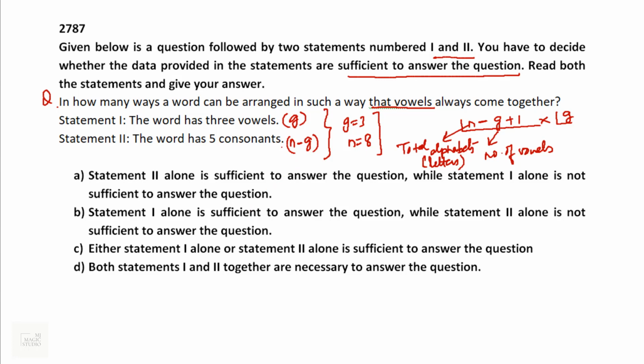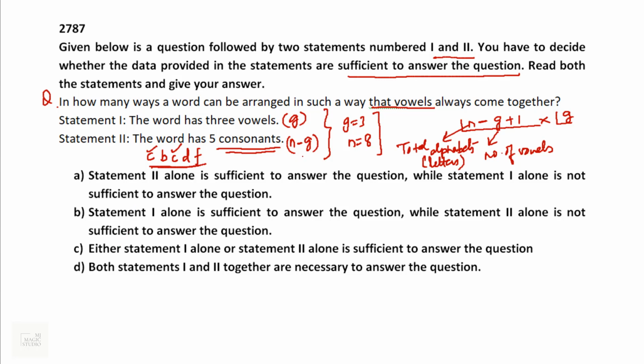But tell me one thing, what if these 5 consonants which the word has are repetitive? It may be C, B, C, D, F. These are 5 consonants, but out of these 2 are repetitive.